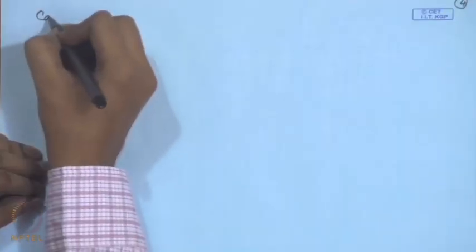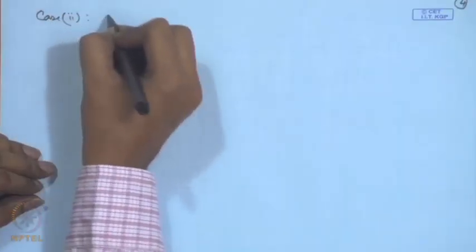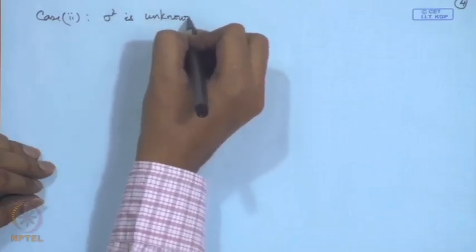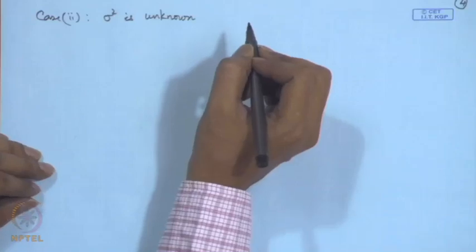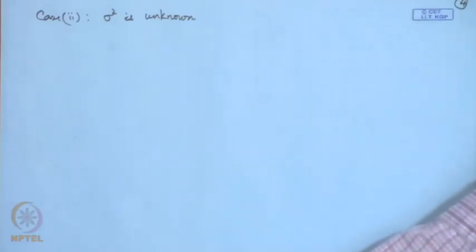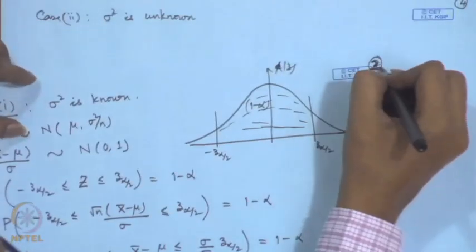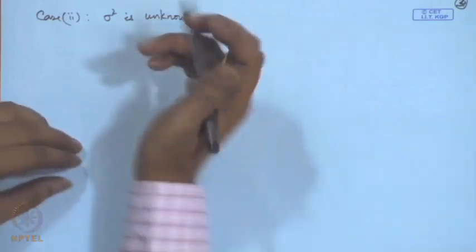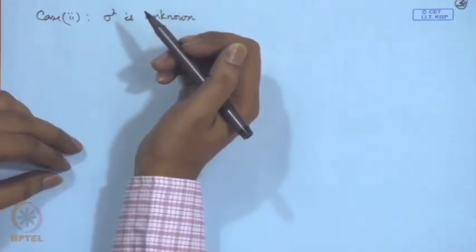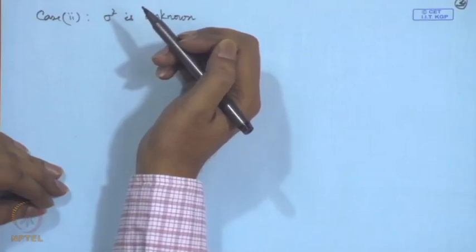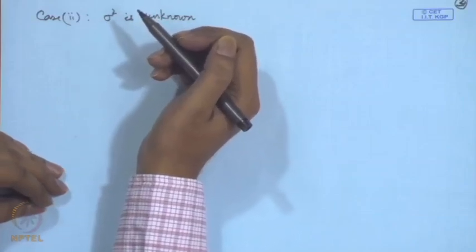Let us consider the case when sigma square is unknown. When sigma square is unknown, then x bar and s square are the sufficient statistics. So, we should use them for deriving the confidence interval.